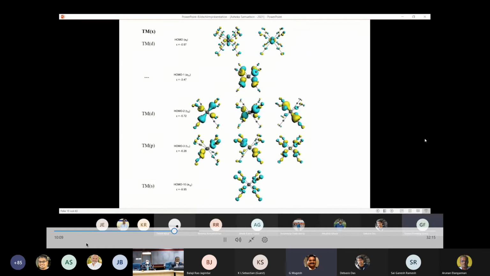And here they are. The HOMO is the E gerade orbital, and you see the d orbitals. Below is the A2 ungerade, and there is 0 coefficient at the metal, it is only a ligand orbital. Below is the triplet degenerate T2 gerade, again of the d orbitals. Then you have the triplet degenerate T1 ungerade, and you can see very tiny coefficients at the p.